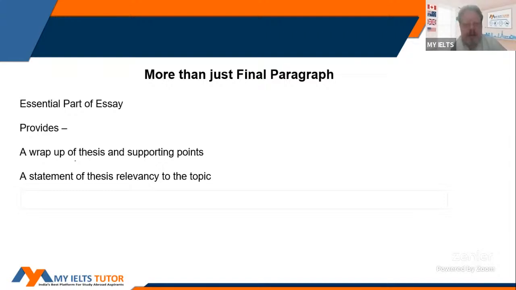In addition to those things, the conclusion also emphasizes the importance of the main points and your thesis as well. So it wraps up your thesis and supporting points, it shows the relevancy of your thesis to the topic, and finally, it emphasizes the importance of your main points and the thesis.